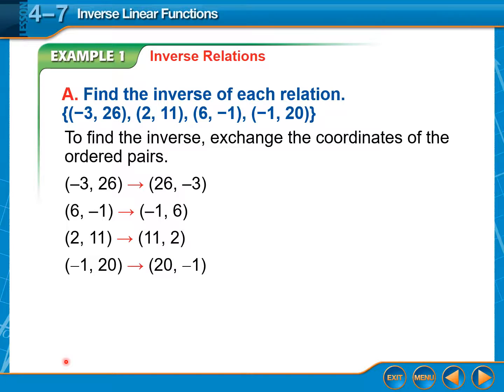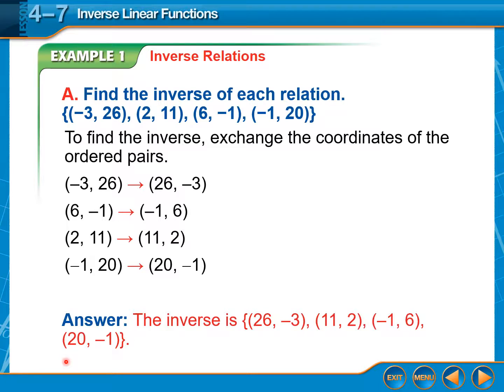And -1, 20 becomes 20, -1. So all we're doing is switching the locations of the x and y values. The inverse of this relation, -3, 26; 2, 11; 6, -1; -1, 20, is to switch those x and y values. So the inverse is 26, -3; 11, 2; -1, 6; and 20, -1.